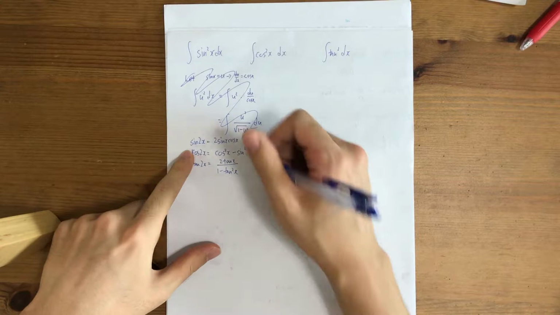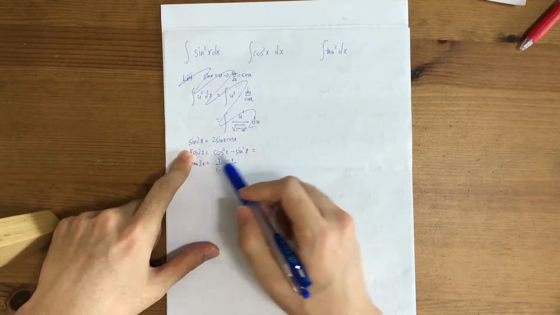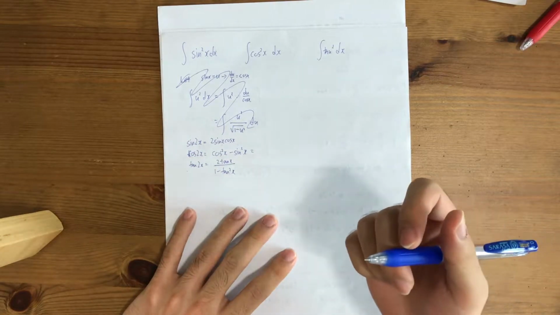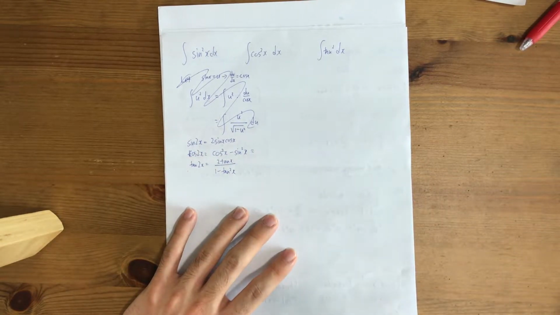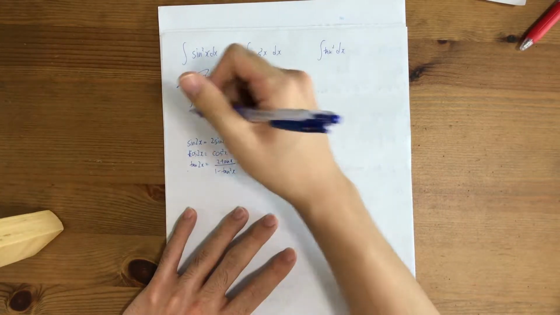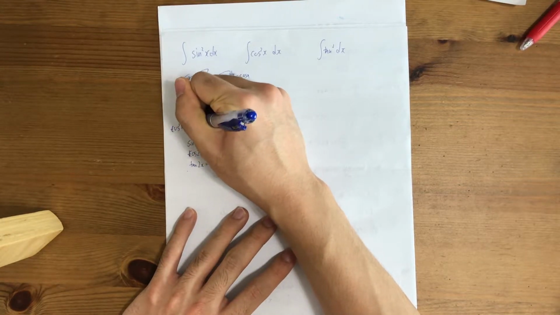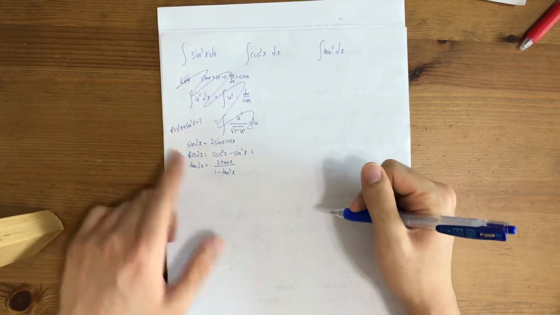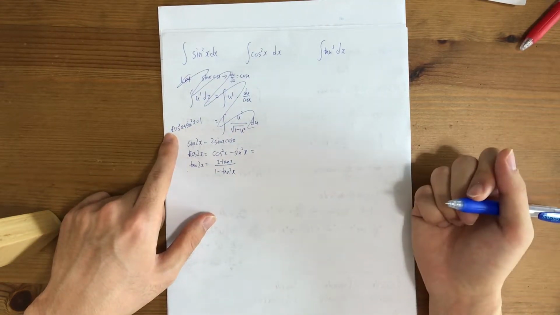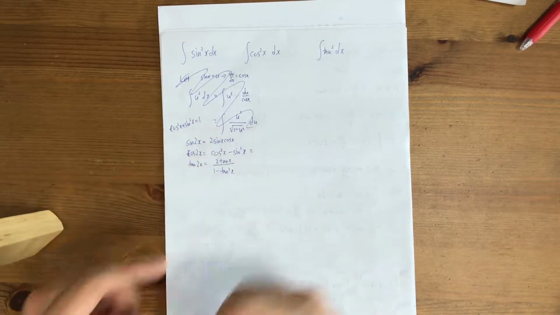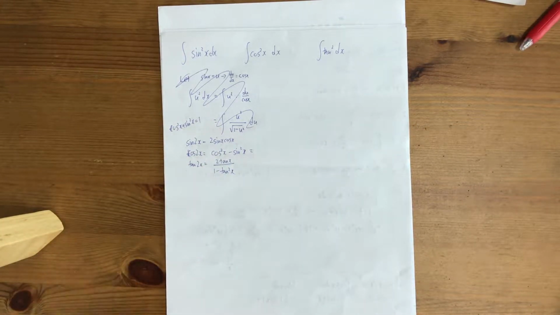So if we look at cosine 2x, although it's in terms of cosine and sine, using the very basic identity, that everyone must know by now, we can write cosine 2x in terms of cosine or sine only.